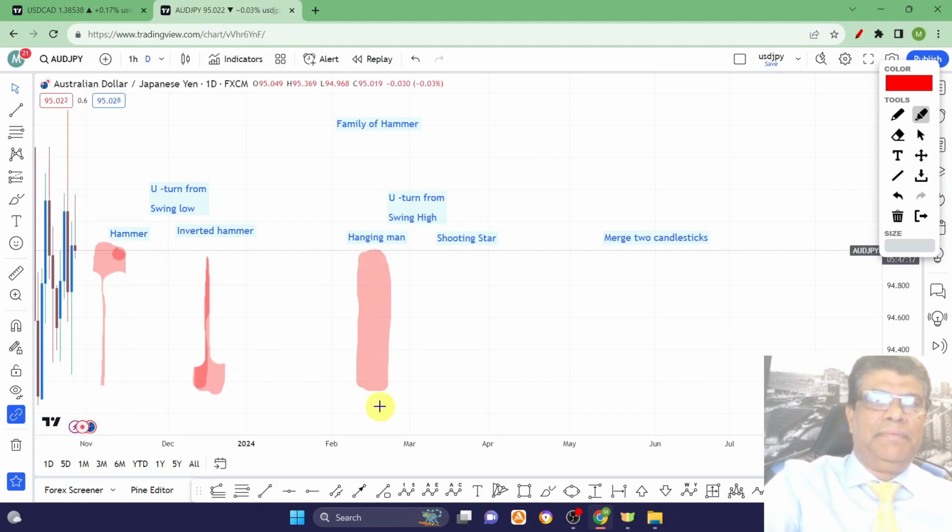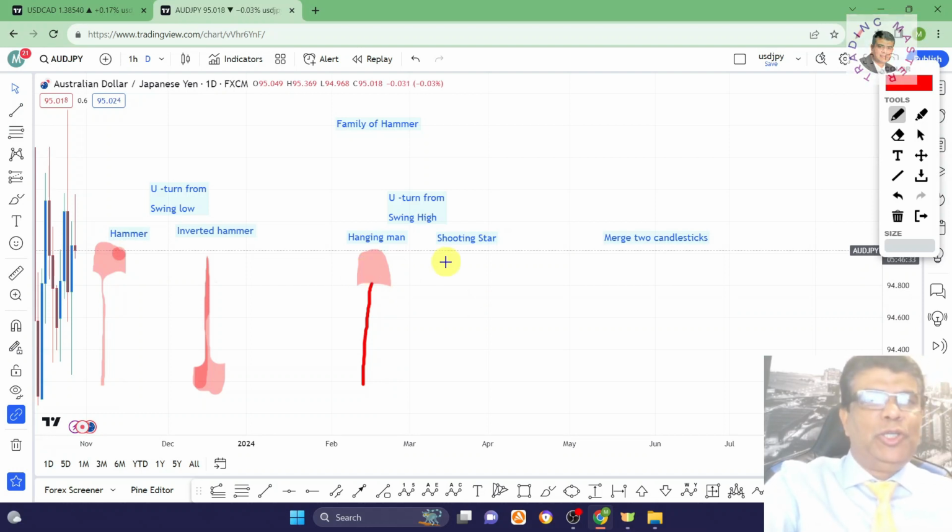Okay, and then now okay, just like the hammer, but this is on the top. Okay, that's called a hanging man.